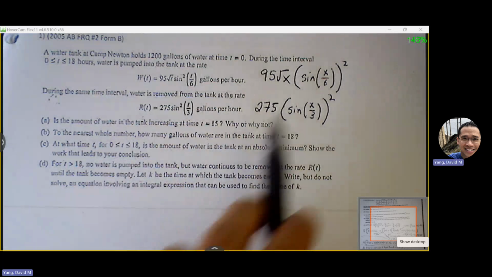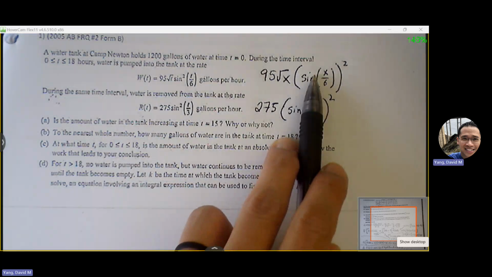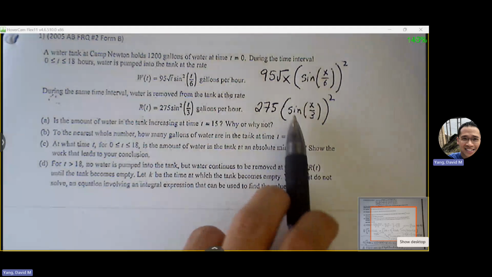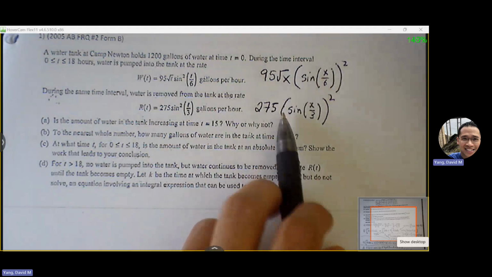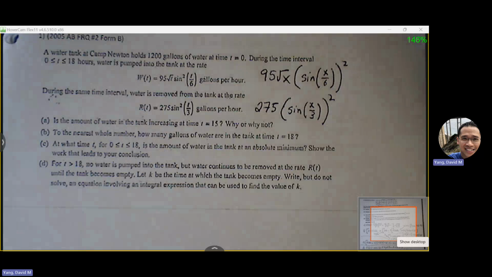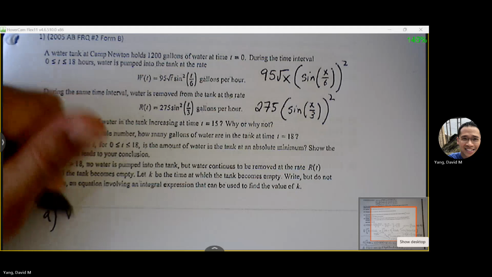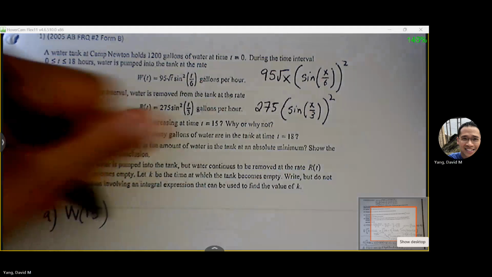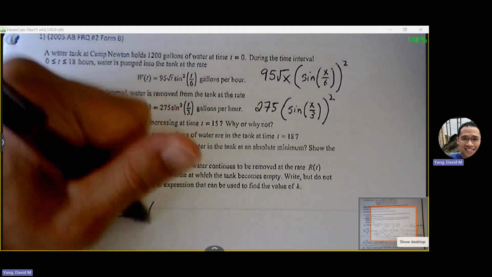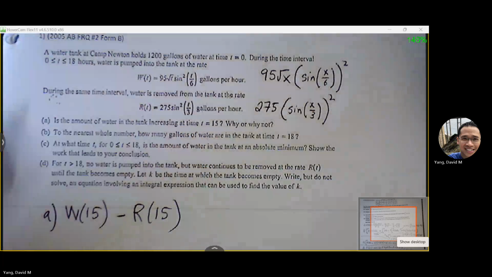So we can plug 15 in for W of t. We can also plug 15 into R of t, and we simply see which one is higher, right? For part A, I'll say W of 15 minus R of 15 and see what that gives me.